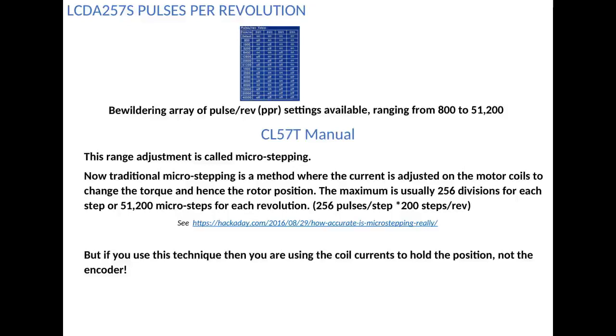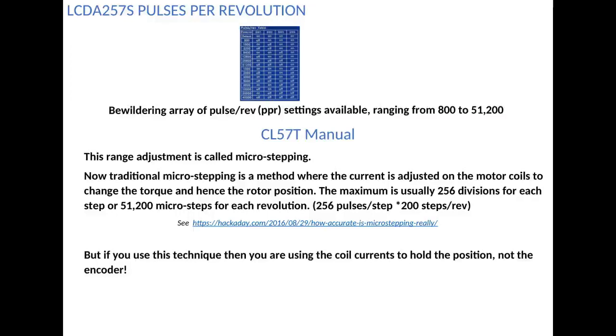The LCDA has a bewildering array of pulses per rev settings available. They range from 800 to 51200 and are settable by 4 dip switches on the unit. I can find little information on the LCDA, but in a manual I have for the CL57T, this range adjustment is called microstepping. Now, traditional microstepping is a method where the current is adjusted on the motor coils to change the torque and hence the rotor position.